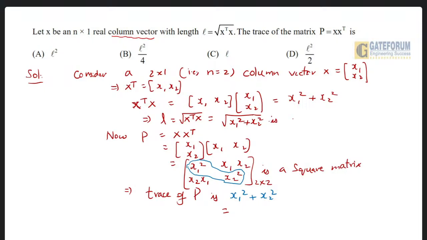This is the length of vector x. Now this becomes L square. So finally we got trace of P is L square.